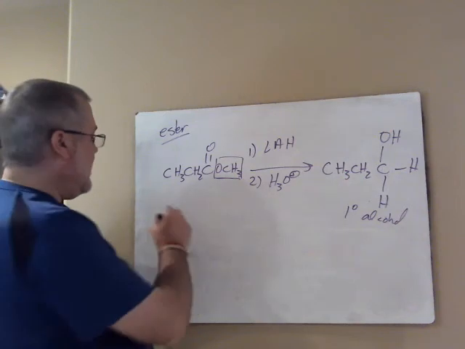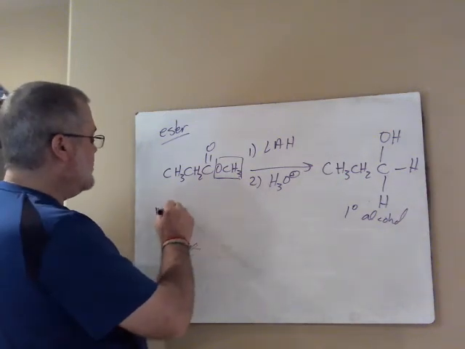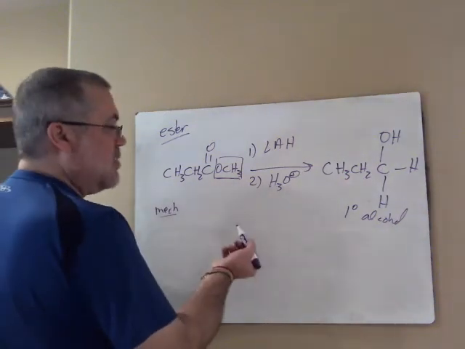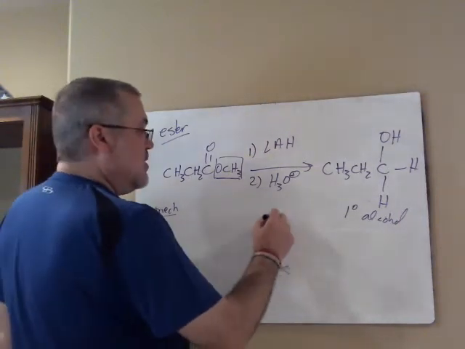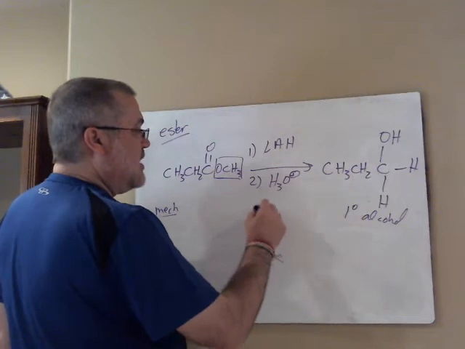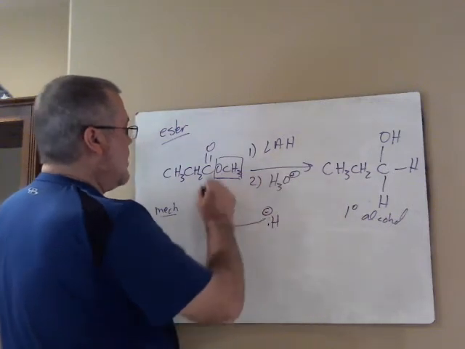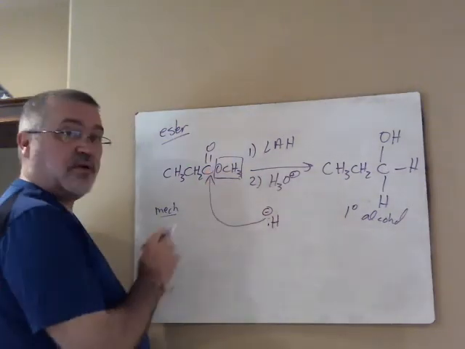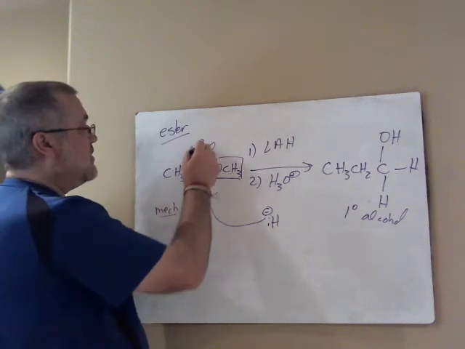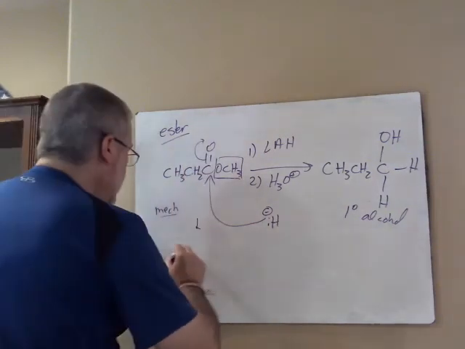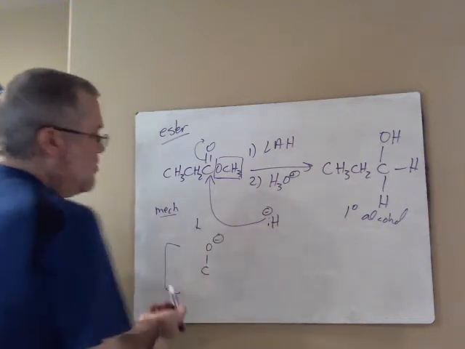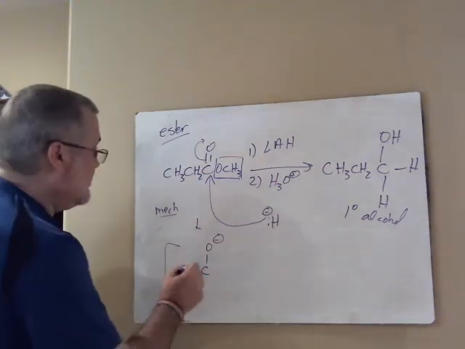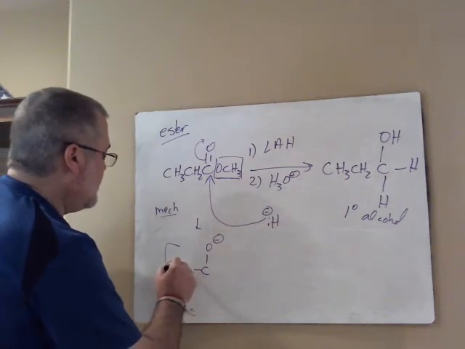Okay, and mechanistically, just to remind you, it works the same as what we saw with the Grignard reagents, where you have your H minus from the LAH reacting at this electrophilic carbon of the carbonyl, pushing these electrons up. So initially, the intermediate I form, I've pushed the electrons up to that oxygen. I have my ethyl group, which was present on the ester.